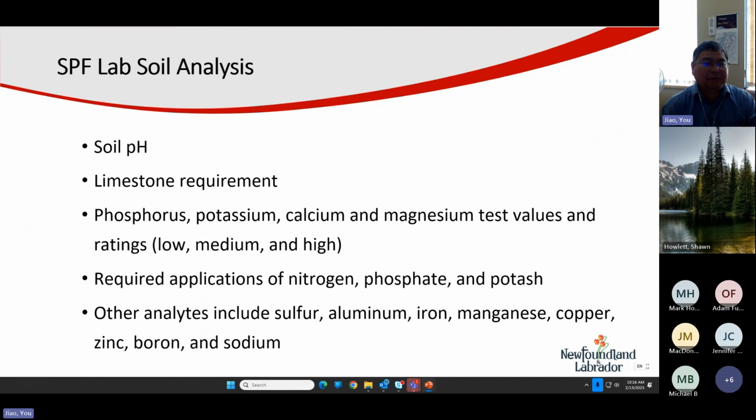In the soil lab, we analyze the soil pH to get the limestone requirement, and phosphorus, potassium, calcium, and magnesium test values and the ratings, either low, medium, or high, and the required application of nitrogen, phosphate, and potash. Other elements include sulfur, aluminum, iron, manganese, copper, zinc, boron, and sodium. That's the routine soil test report. We cover the major elements.